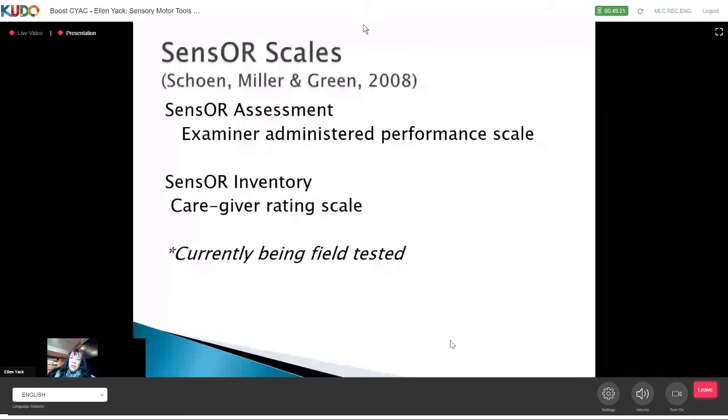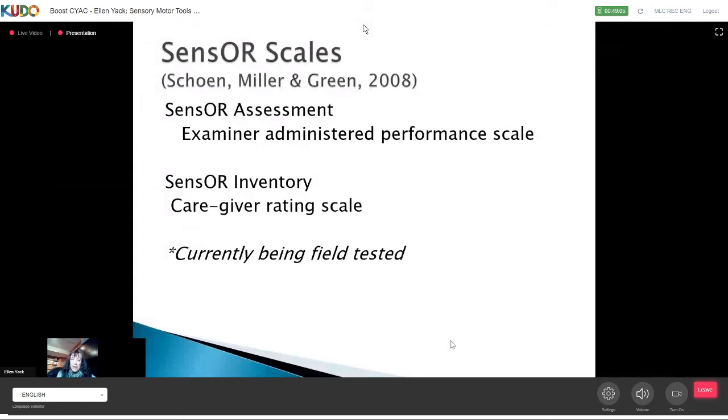There's some concern with the questionnaires because they're just based on parent reporting. So there were attempts to develop a sensory scale where you could actually administer standardized ways to provide sensory input, like tickling the back of the neck with a feather, certain sounds, and observing the reaction.